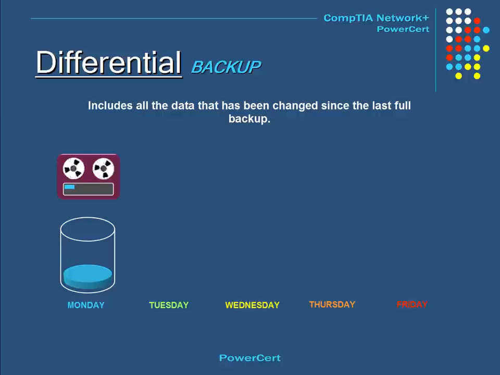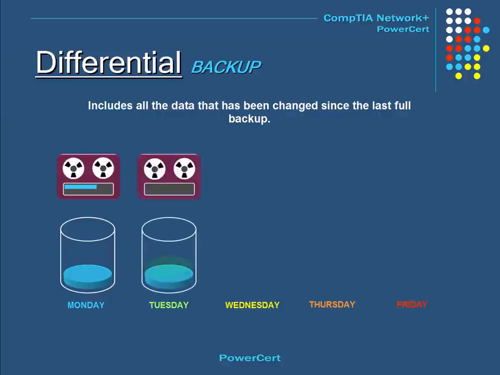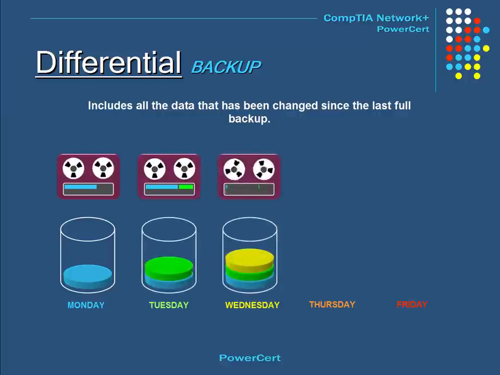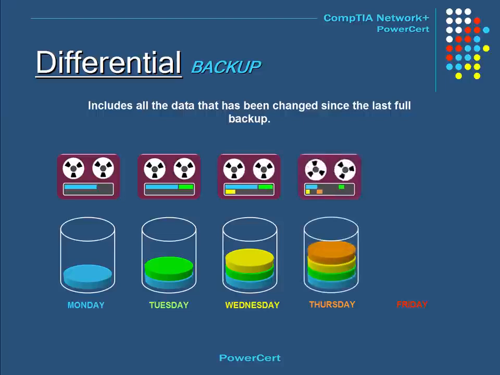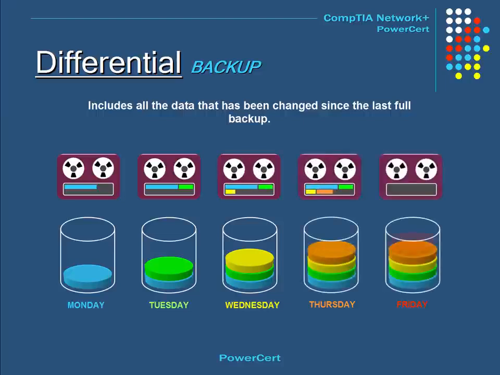So Monday will copy Monday's data, Tuesday will copy Monday's and Tuesday's data, Wednesday will copy Monday, Tuesday, and Wednesday's data, and so on. As you can see in this illustration, each backup tape copies data not only from its own day, but also from the previous days since the last full backup, which was done on the weekend.